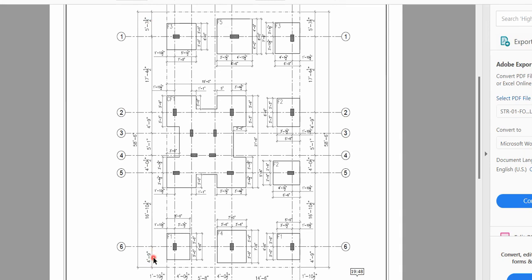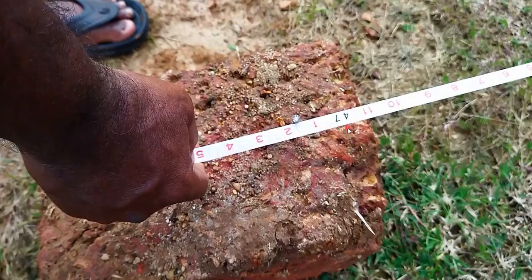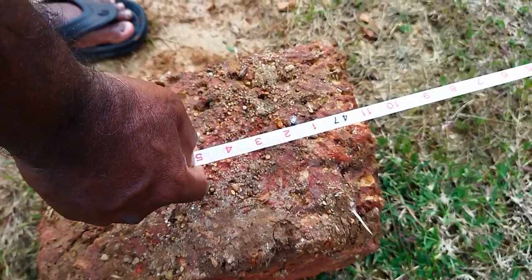So you have to deduct 10 feet, it will come out to be 48, and 48 minus 10.5 inch, it will come out to be 47 feet 1.5 inch. Practically you can see 47 feet 1, and this is half inch of this. Okay, got it?